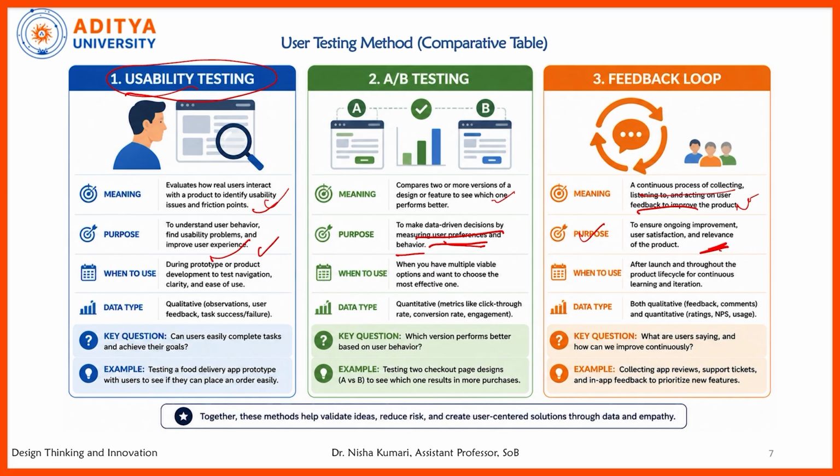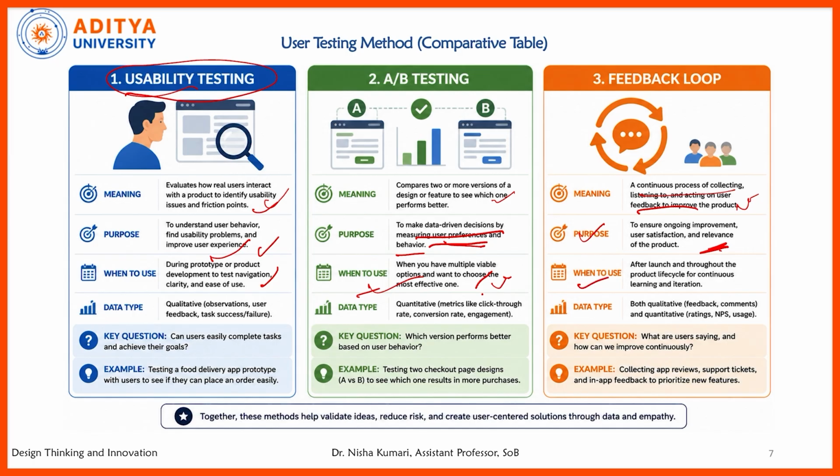We use usability testing at the time of prototyping or product development, the initial stage. A/B testing is used once we implement the product, to increase its impact on users, by coming up with different variations so that we get to know that if these changes are made in our existing product, these are the impacts we are going to get.